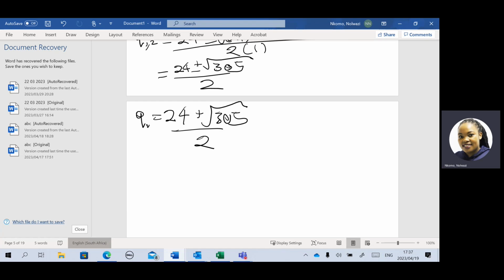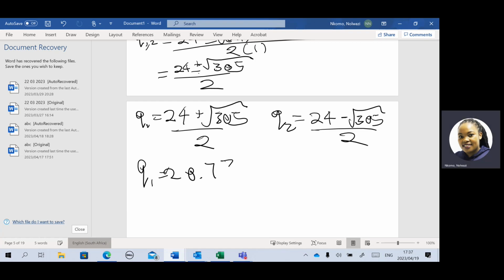If our Q1 is this, you can use minus to find our Q2, because this is plus or minus. So this means we have 24 minus square root of 305 over 2, right? And if you punch this in your calculator, you should find Q1 equals to 20.73, right?